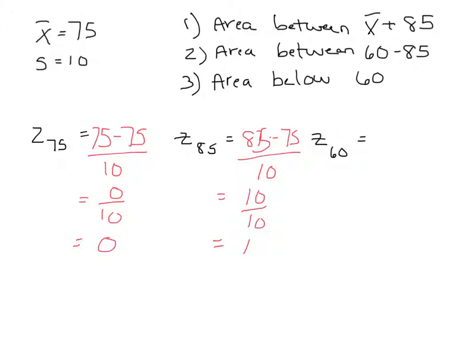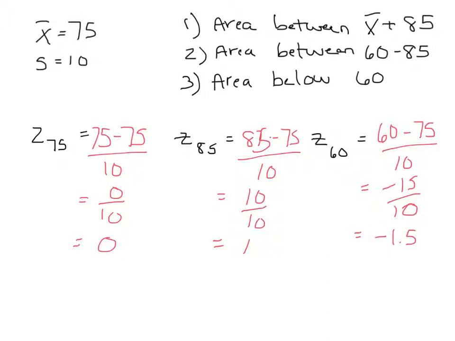Finally, we'll do the z-score for 60. 60 minus 75, or the mean, all over standard deviation of 10, gets us a score of -15 all over 10, which results in a z-score of -1.5.